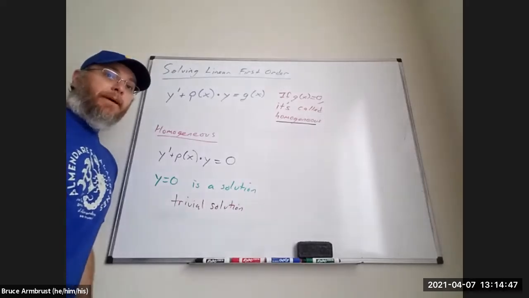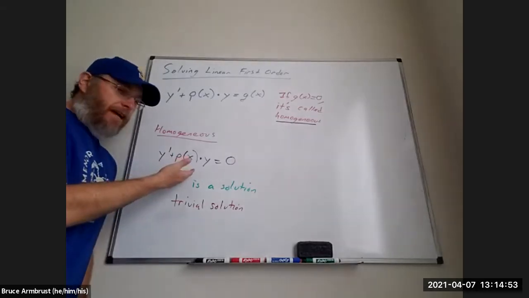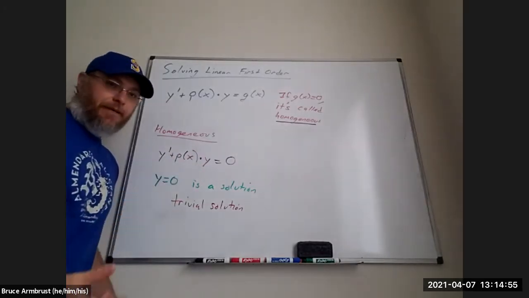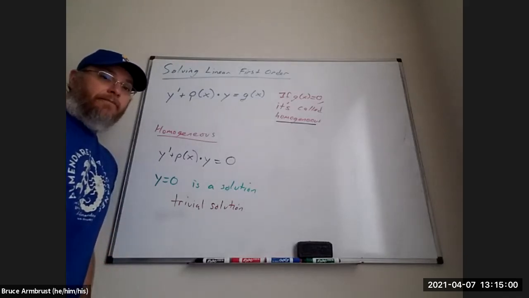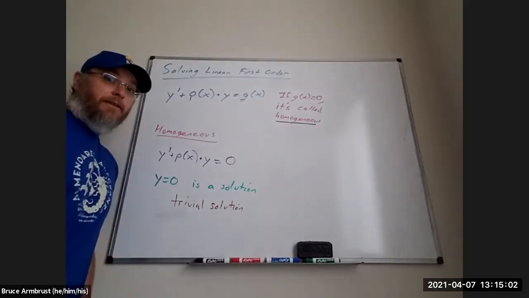So is this p of x a constant or a function? It's a function, but it's a function of x. So there are no y's in it, but it could be x squared, it could be sine of x, it could be e to the x, it could be insert your favorite function. It also could be a constant, right?